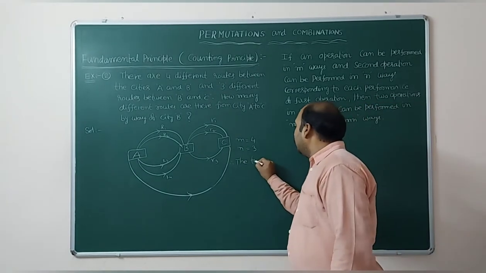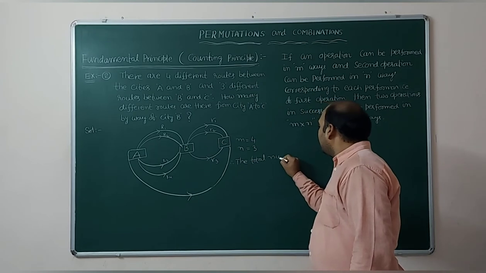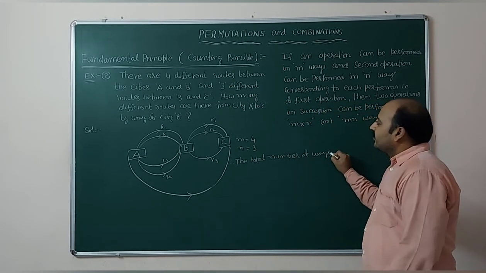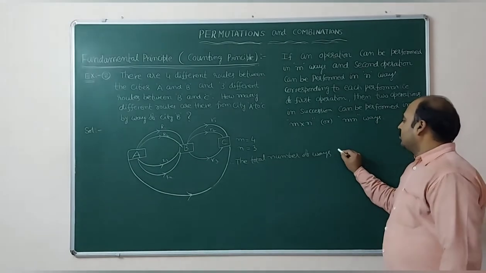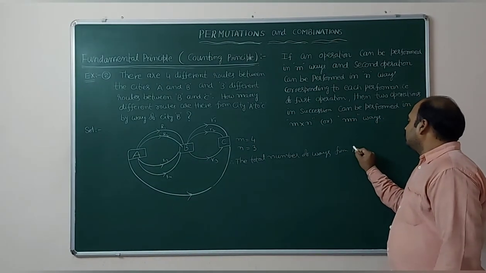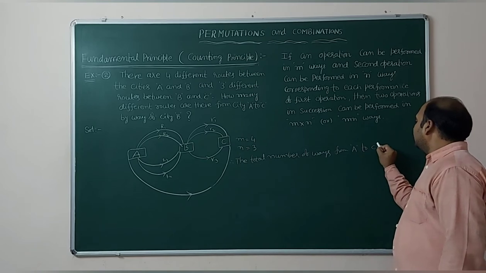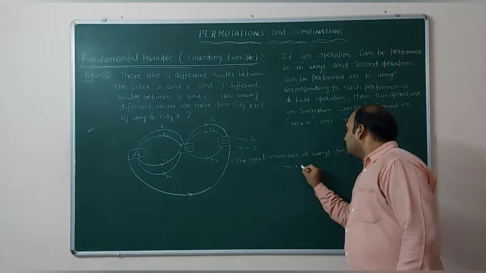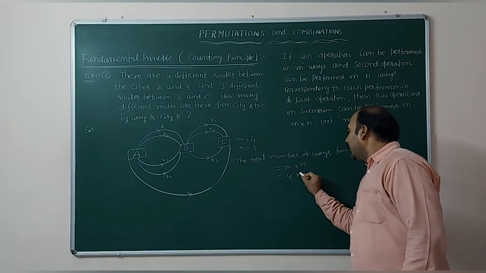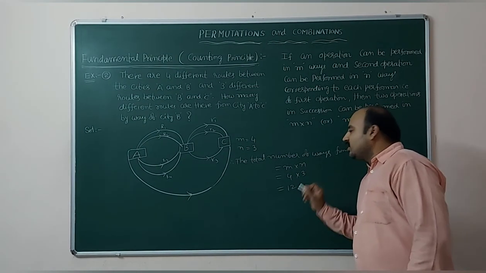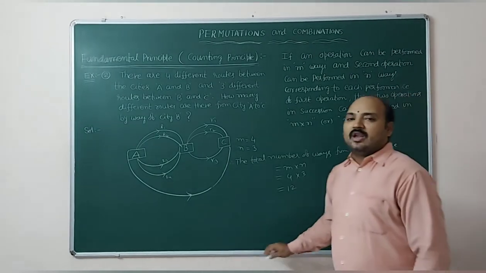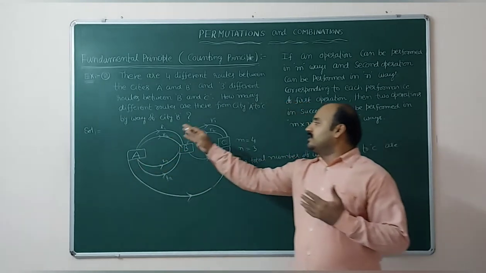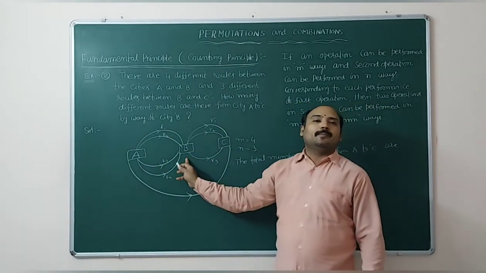The total number of ways from A to C city are m into n ways. So m is equal to 4 and n is equal to 3. Therefore, a total of 12 routes are available if the person wants to travel from A city to C city via B city.